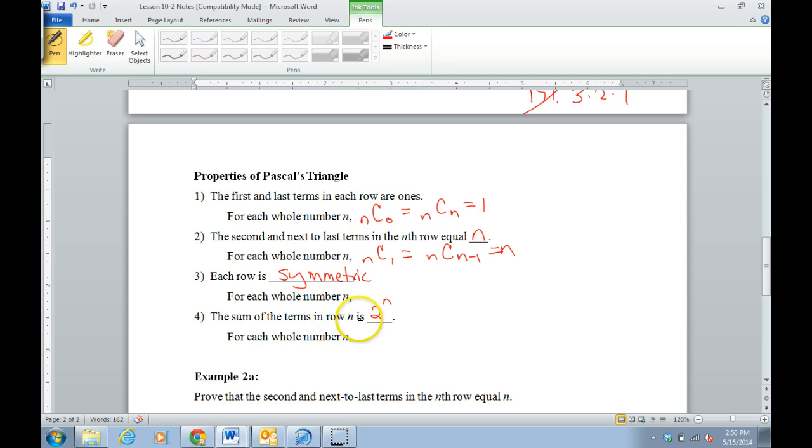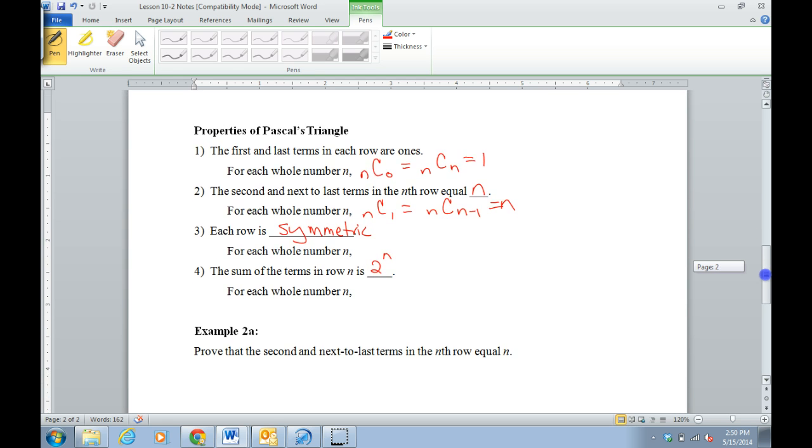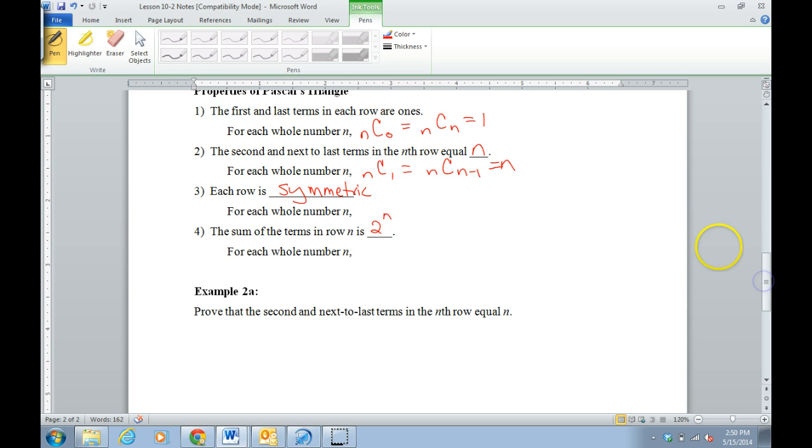When I was writing it from the book, I was just writing what it said, and I didn't pay attention. So it is 2 to the nth, for each whole number n. So the sum is 2 to the nth, not 2 times n.